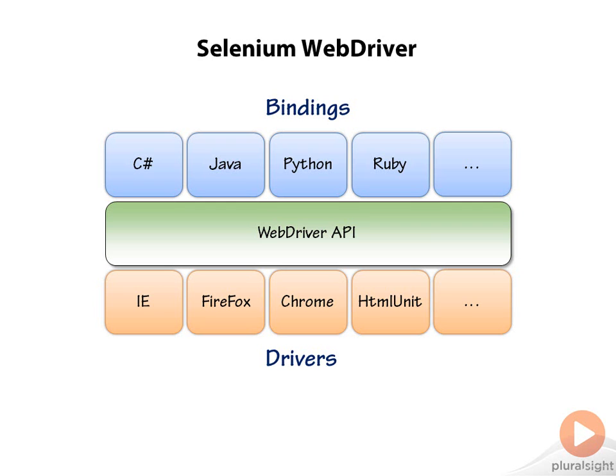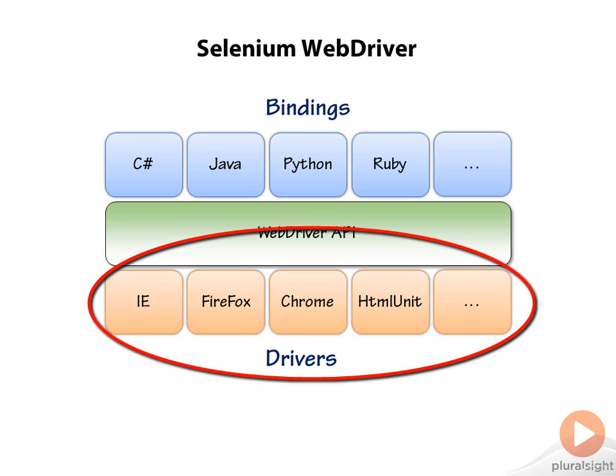Now these bindings communicate across a common API, this WebDriver API. This is an API that is a standard that is possibly going to be incorporated natively in browsers eventually. At least that's what the Selenium folks are pushing for. Now, let's not worry too much about exactly how this API works at this point, but understand that this API allows us to have some drivers that interpret commands that are sent across that API.